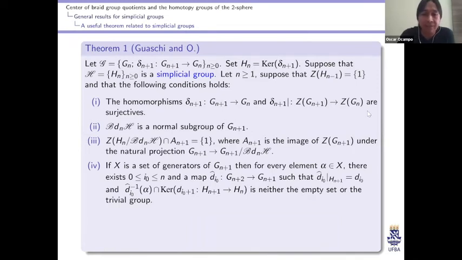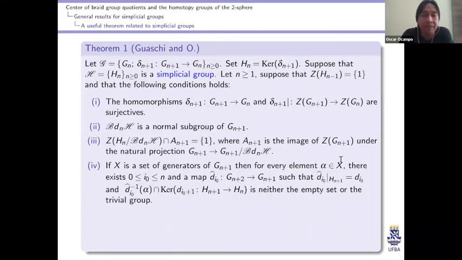And the last condition is a little bit more technical, maybe inspired by something called central extension theory in simplicial homotopy theory. That means that I have some collection of generators of Gn plus one.